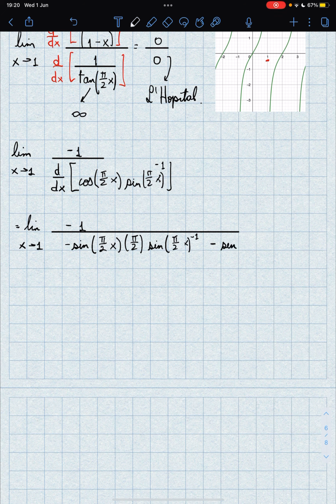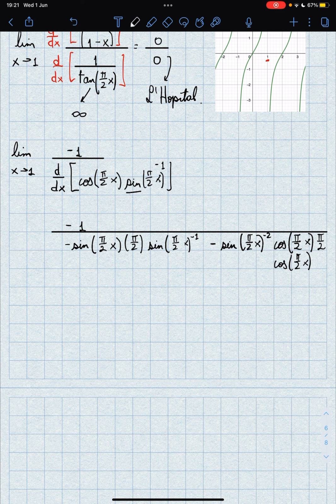By the chain rule it would be minus sine to the minus 2 of pi over 2x, multiplied by the cosine of pi over 2x, chain rule, pi over 2, multiplied by the cosine of pi over 2x. I didn't have more space here. Let me see if I can fix it, so you can be more comfortable.